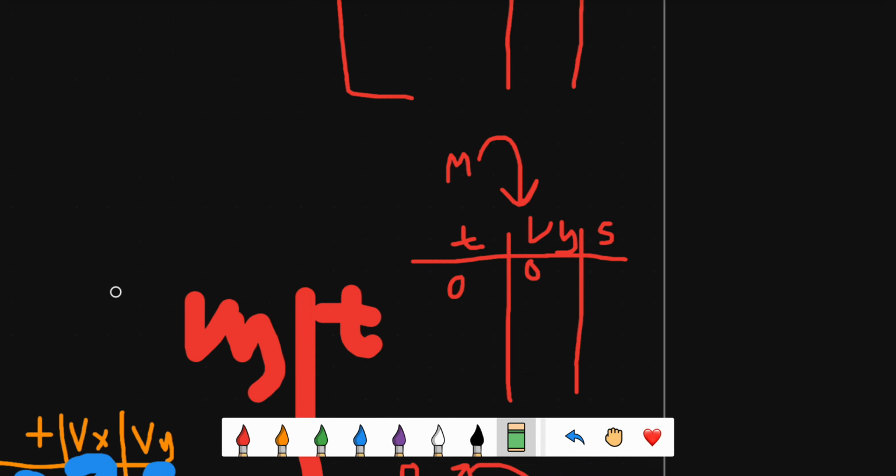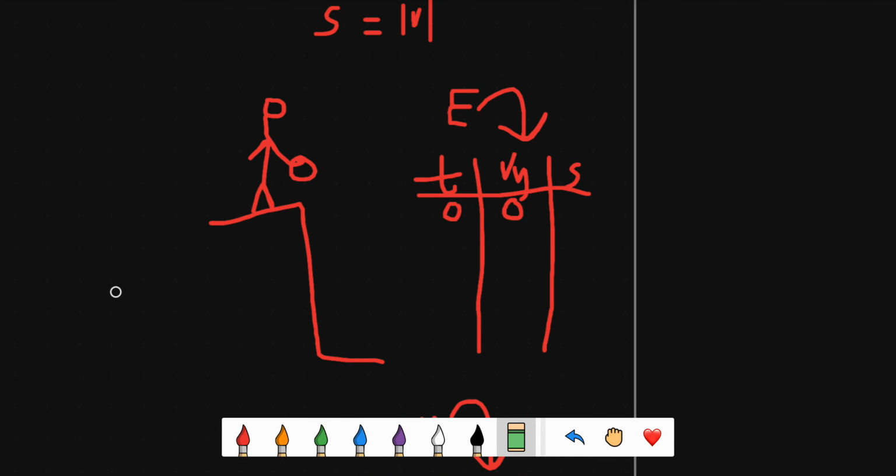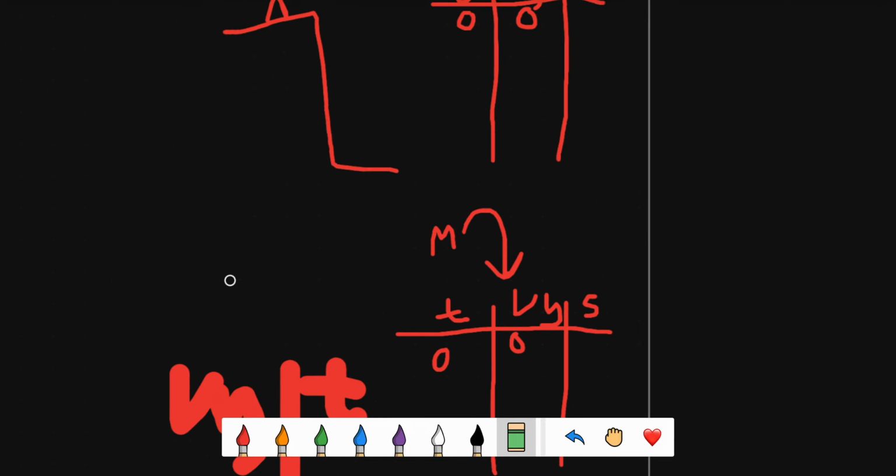So let's talk about this. This is probably to do with projectile motion. Let's say I have a ball, and Vy is this. Let's determine this.